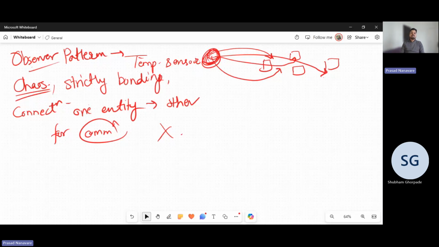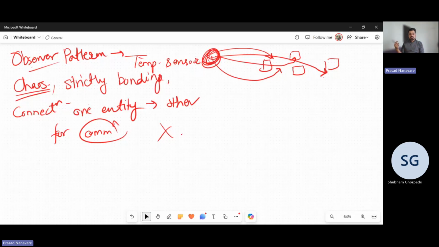And what is the observer pattern then? The observer pattern is a kind of subscriber model. Suppose you want to get notified on something, you say, hey, I want to get notified. The observer pattern decouples the event producer, the subject, from the event consumers, which are observers.